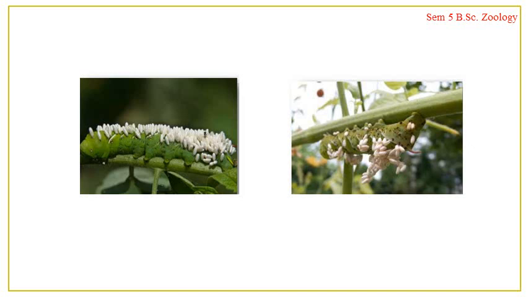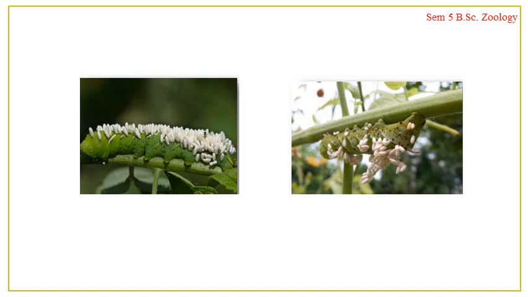But once the parasitoid larva goes into the pupal stage, it may have almost eaten up all the internal organs of the caterpillar. So the caterpillar cannot go into the next stage. It kills the larva and then it pupates over here. So I hope it is clear.